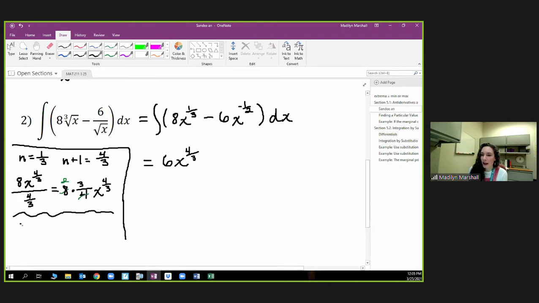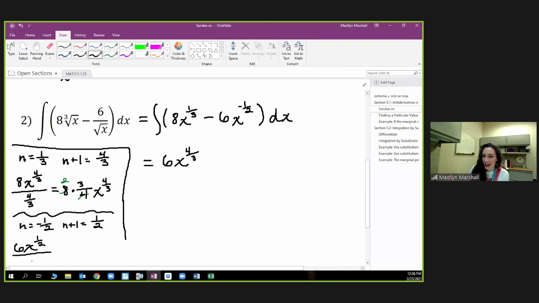So then our other one, n is negative 1/2. So n plus 1 is a positive 1/2. So this second one, we have 6x now being raised to the n plus 1, which is 1/2.